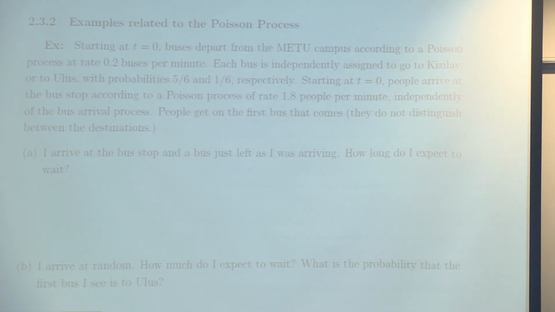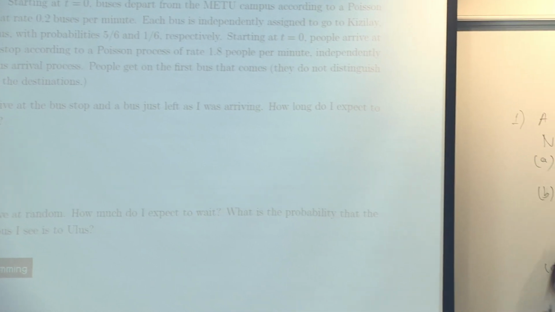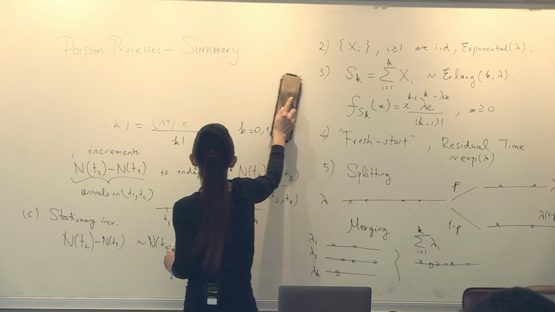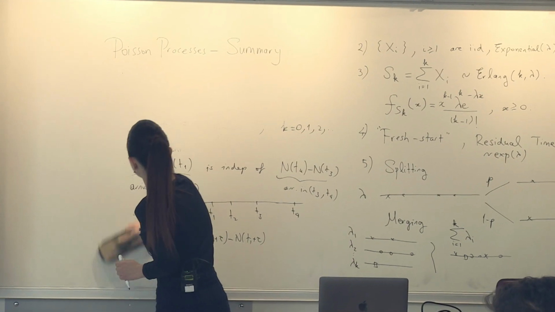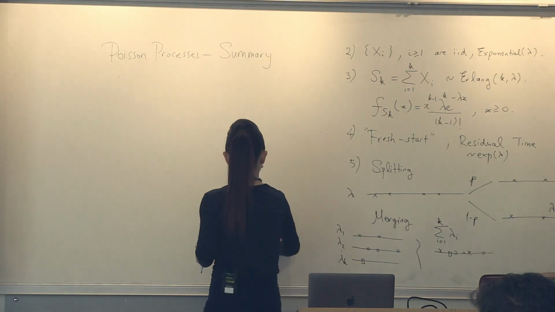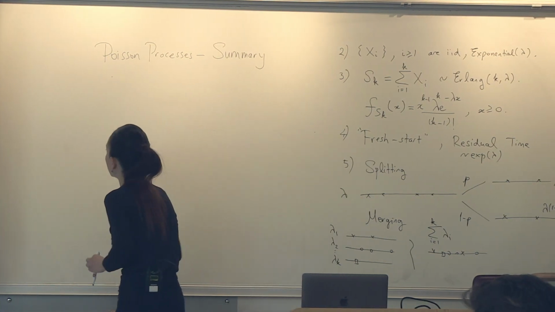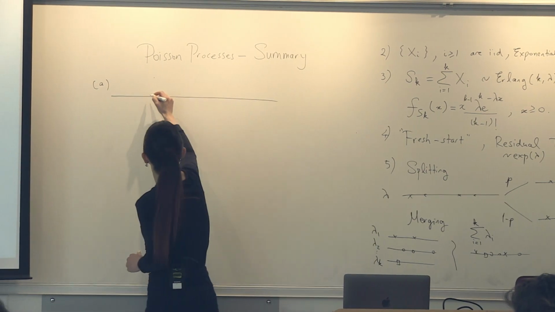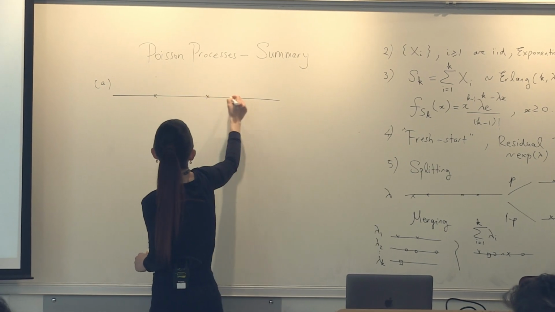You see that? Let's in fact draw a picture. I'm just going to erase this. That's part A. So these are the bus departures.